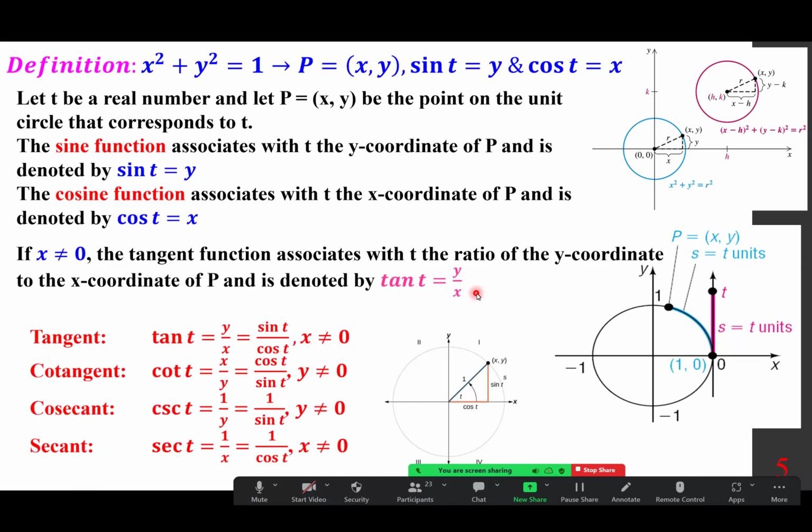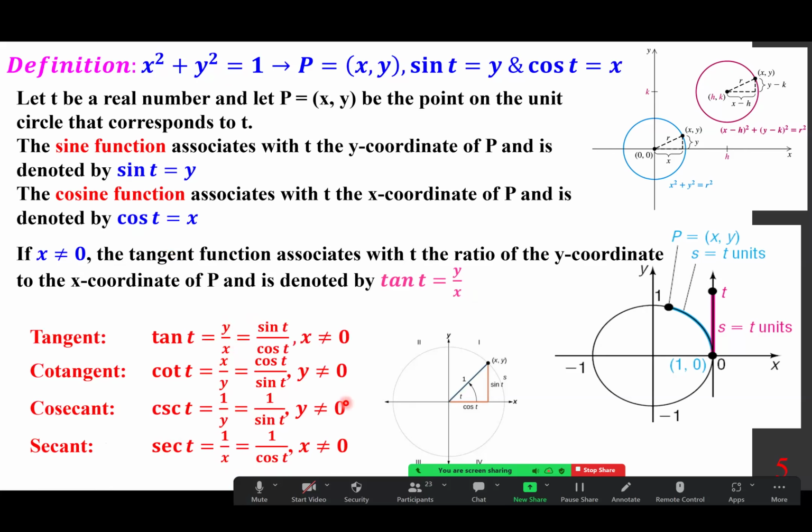The rest of the trigonometric functions follow. Tangent is y over x. Now cotangent is the reciprocal of tangent, x over y. Cosecant is the reciprocal of sine, 1 over y. And secant is the reciprocal of cosine, 1 over x.